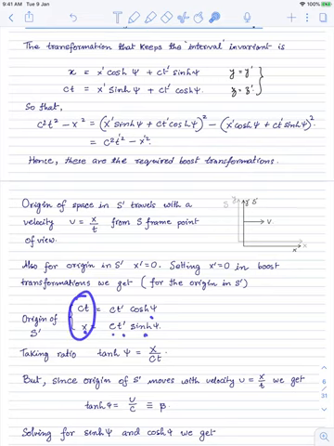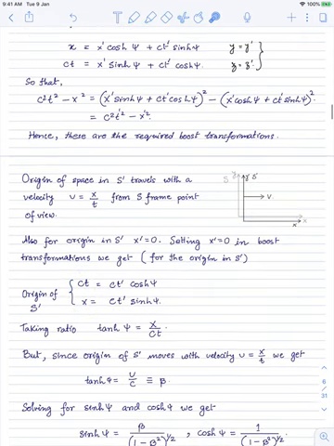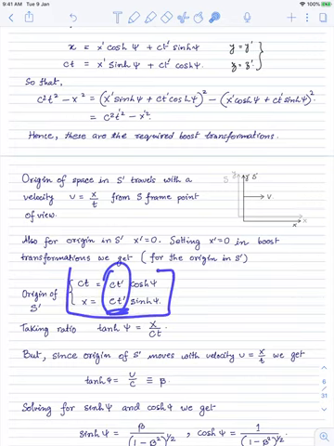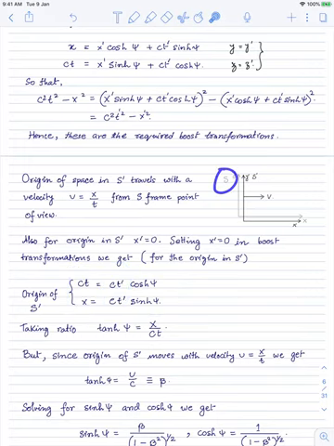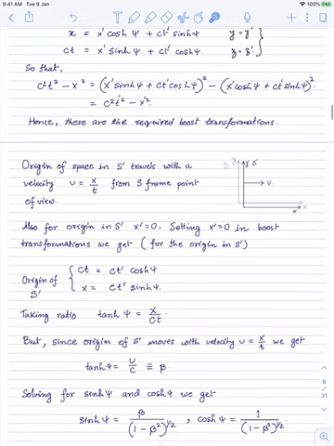These are the coordinates of the origin of the primed frame. Of course, this point exists at different values of time, t and t prime, so for those different values of time, we can write down this expression for the coordinates as far as the S frame is concerned. I hope this is clear.